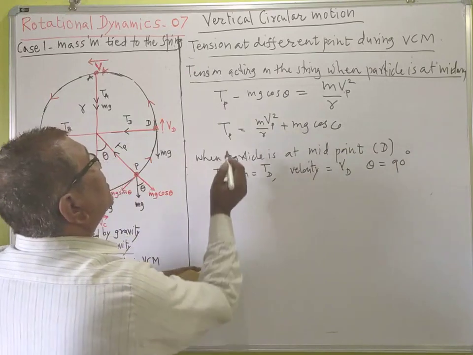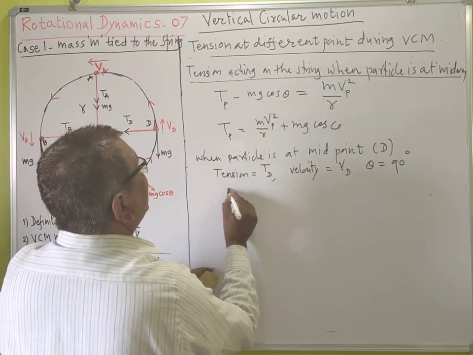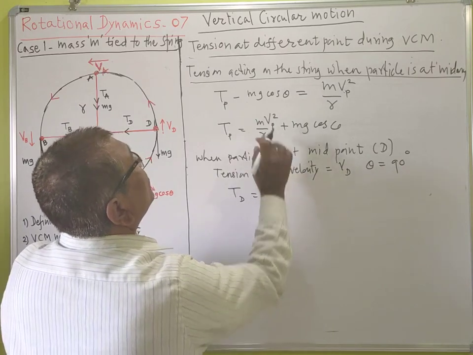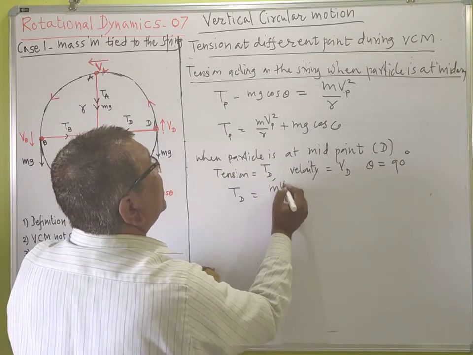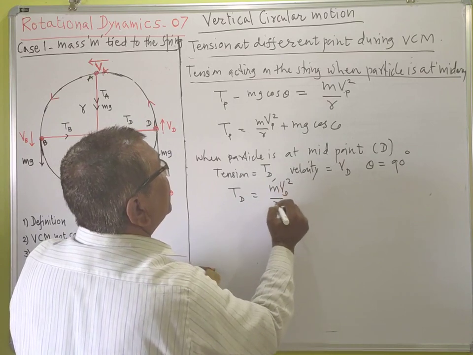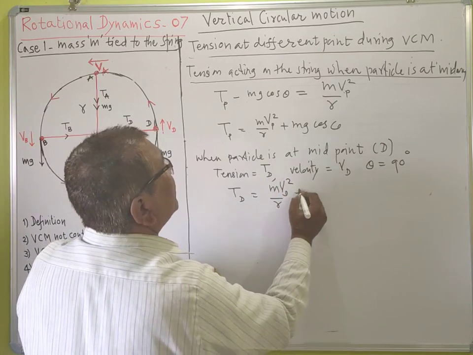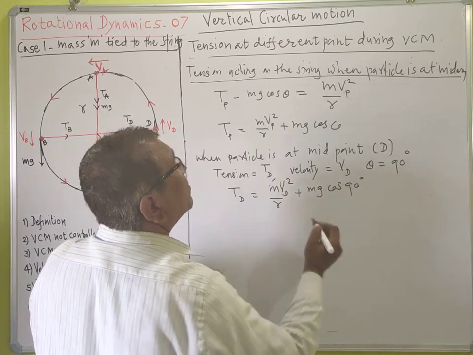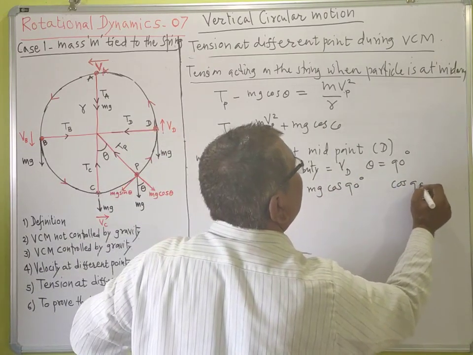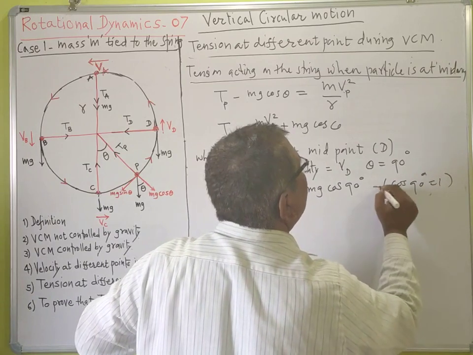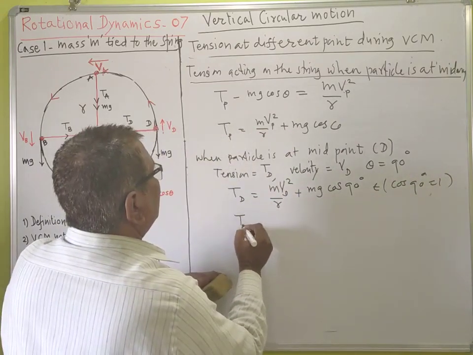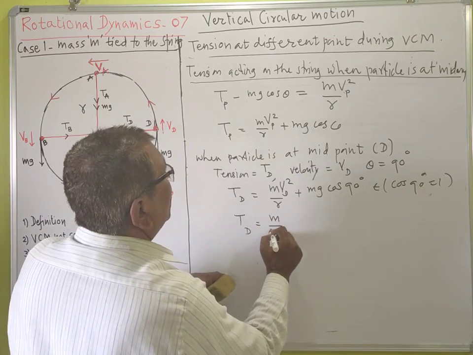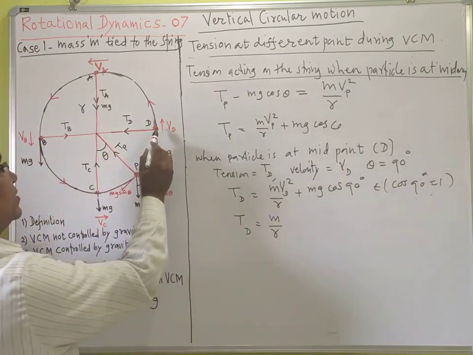Put those values here. So instead of Tp, we write Td is equal to m, instead of Vp, we write Vd square upon r plus mg cos of 90 degrees. Make a correction, dear student: cos 90 degrees is equal to 0. So Td is equal to m upon r times Vd square.